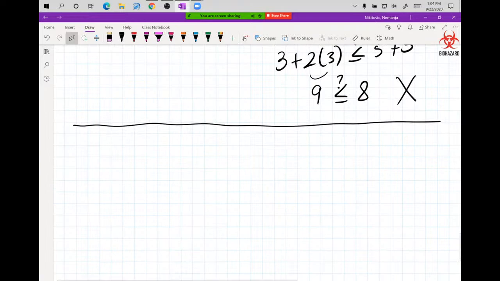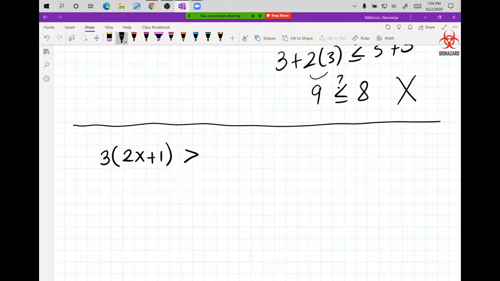All right, let's make this a little bit more annoying because I guess it's so much fun. How about this? 3 times (2x plus 1) greater than negative (5 minus 3x). This is problem 75 in the textbook.